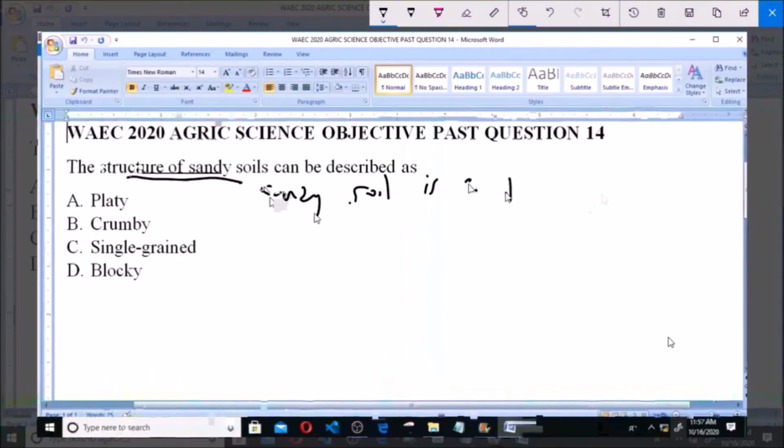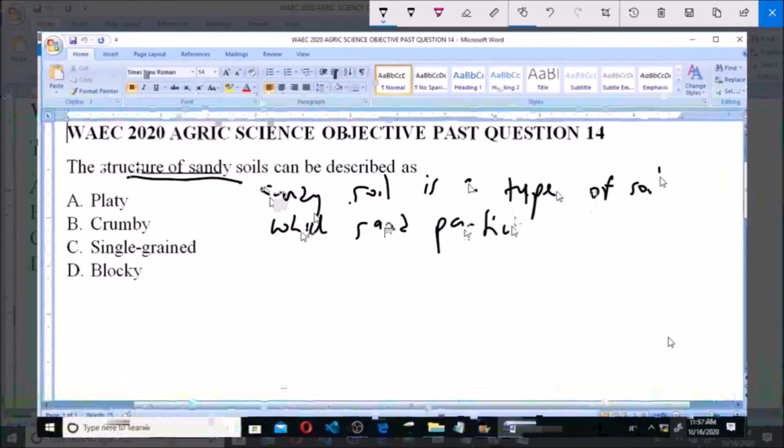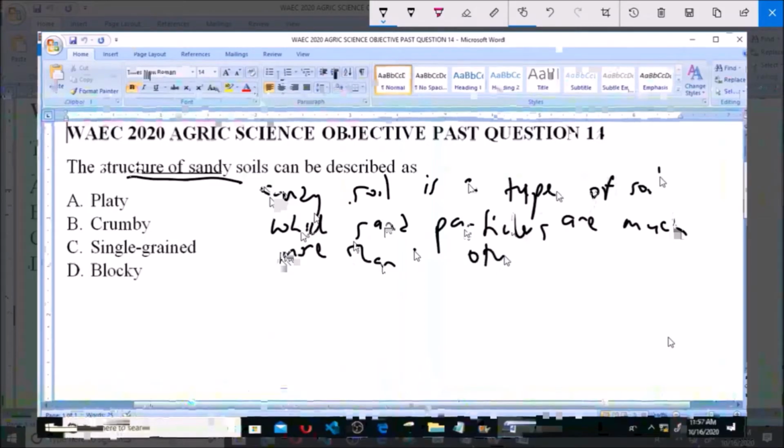is a type of soil in which sand particles are much more than the other soil particles.